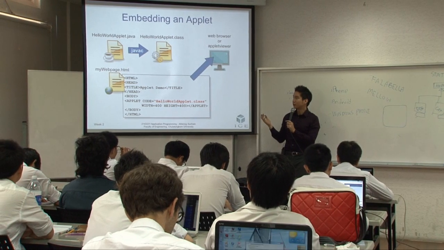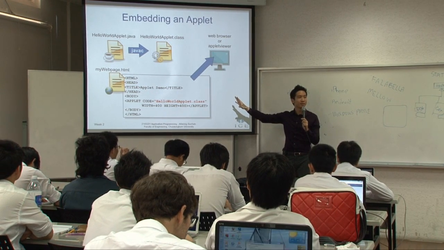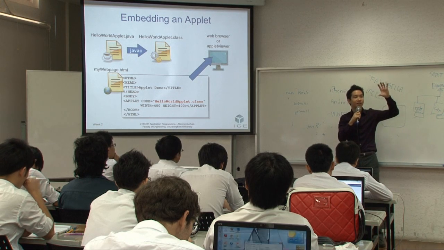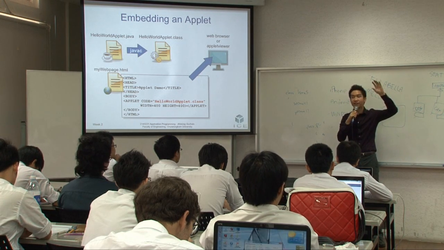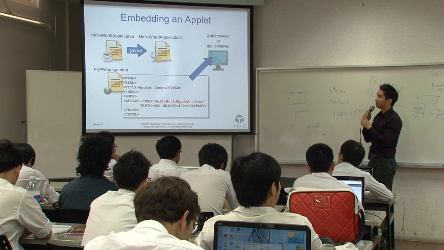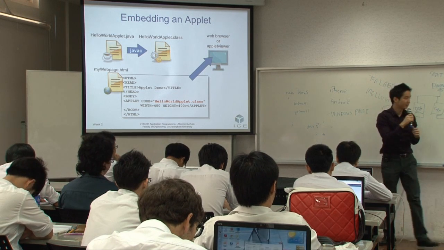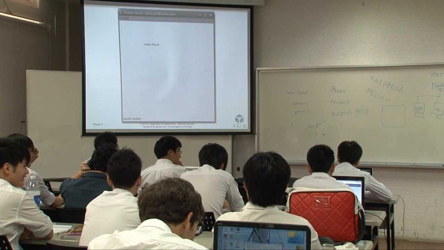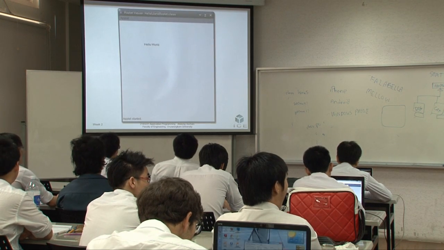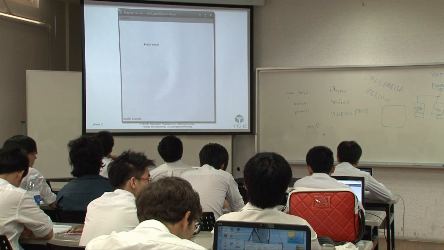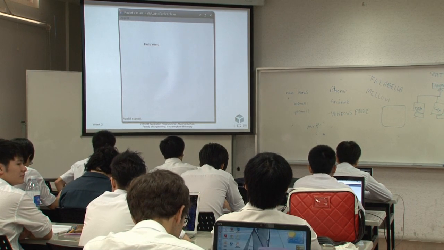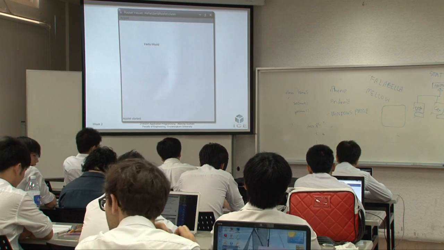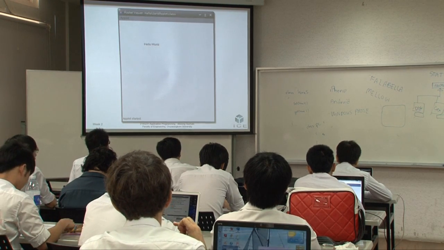You don't have to do this for your homework, because you are just going to be developing a standalone Java applet. You don't have to embed it into your HTML page. The slide here is simply trying to show you what it looks like. Another example: I already showed you what the Hello World applet looks like using my computer.